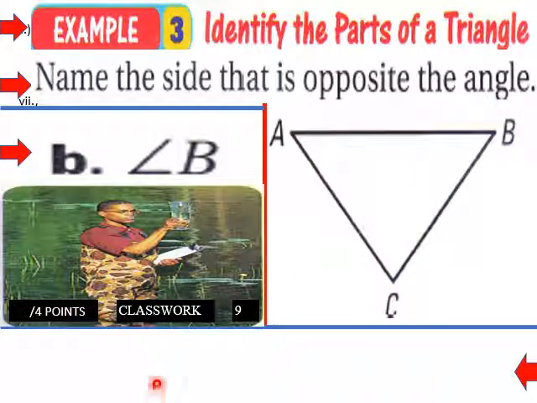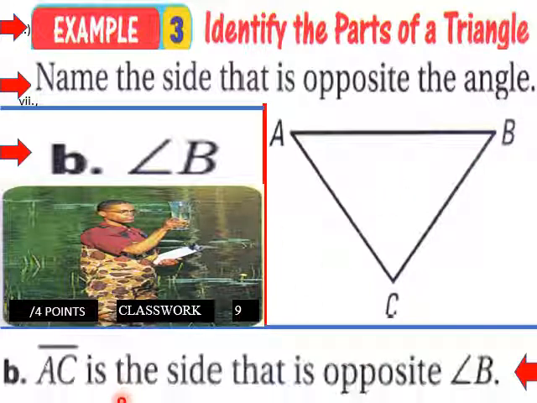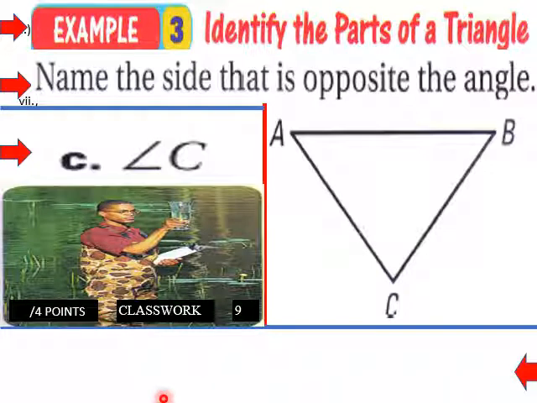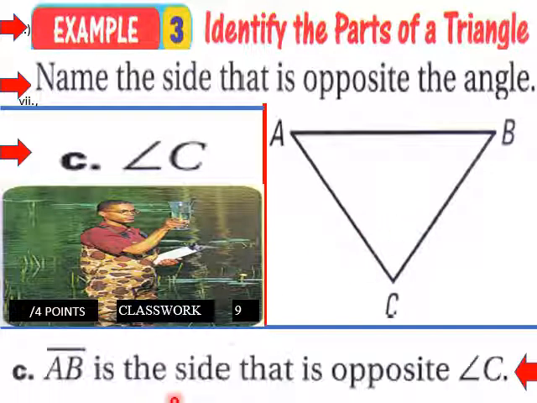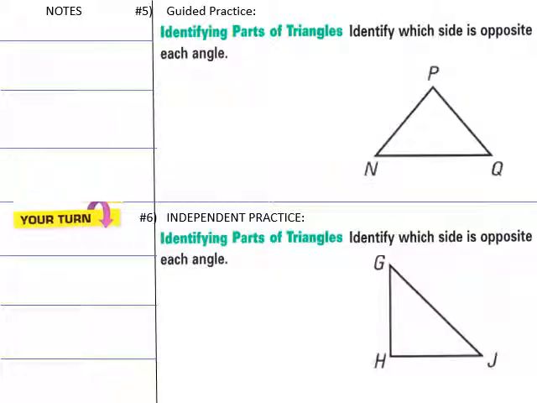And then angle B. Which side would be opposite of angle B? AC would be the side that is opposite of angle B. And then angle C. What would be the side opposite of angle C? AB would be the side that is opposite of angle C.